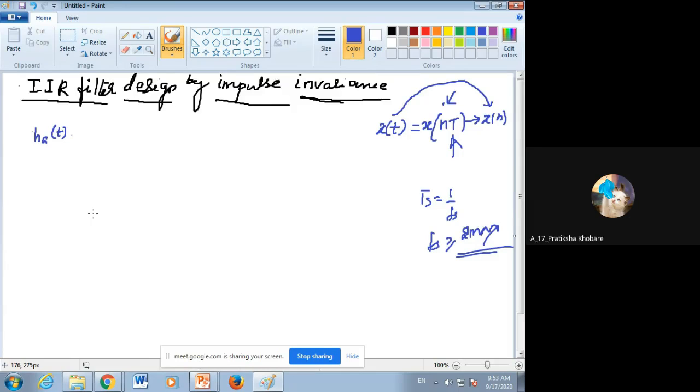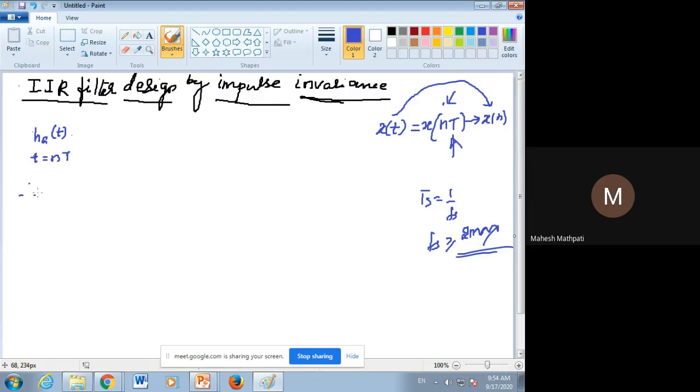Sampling the impulse response of the analog filter, full stop. You just write: we know that the sampled signal is obtained by putting t equals nT.